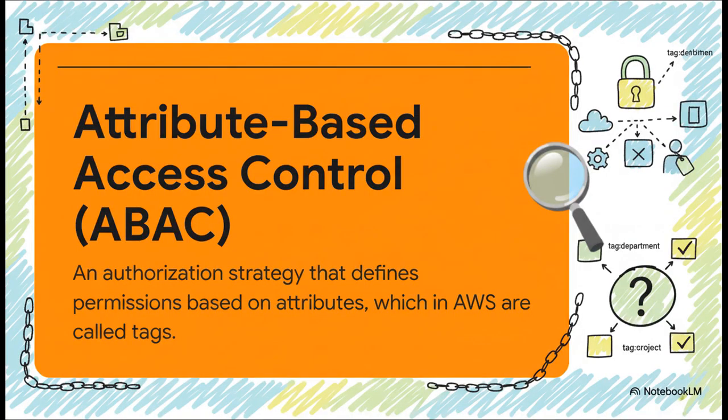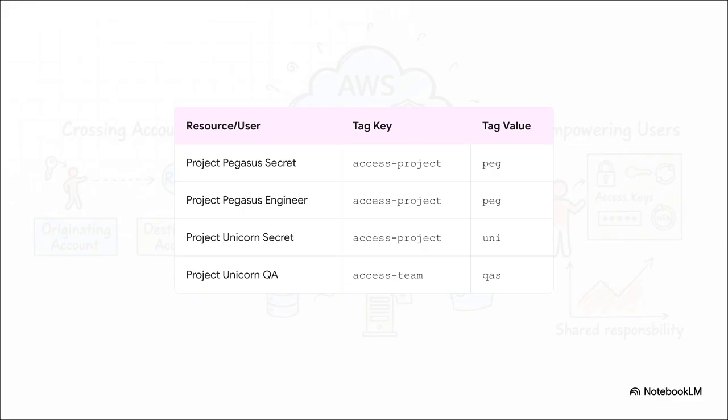So this brings us to a much smarter approach, attribute-based access control, or ABAC. It sounds complicated, but the idea is simple. Instead of giving people permission to access specific things, you give them permission based on attributes. And in the world of AWS, these attributes are just simple little labels we call tags. Let me show you a quick example of how this works.